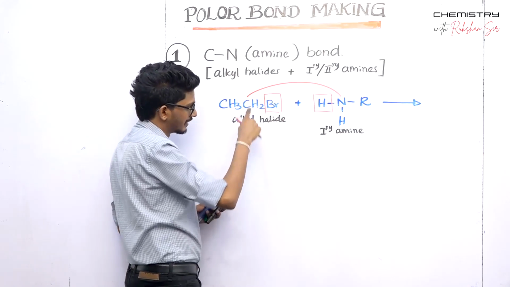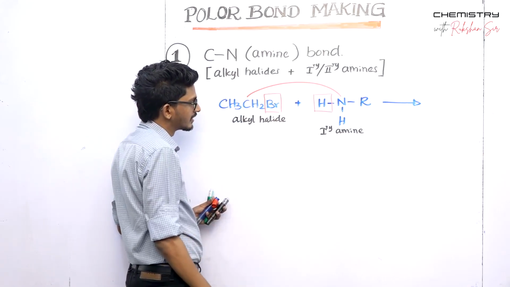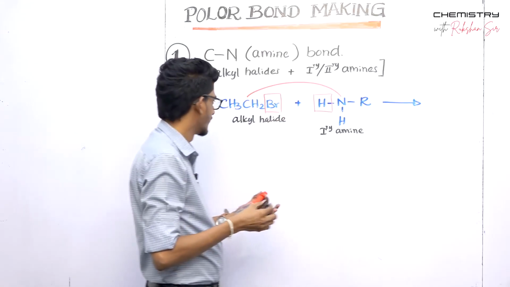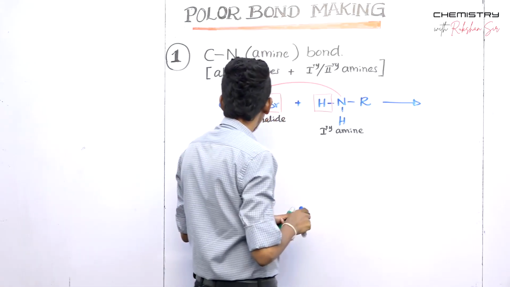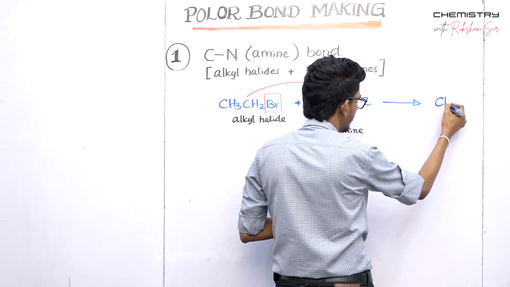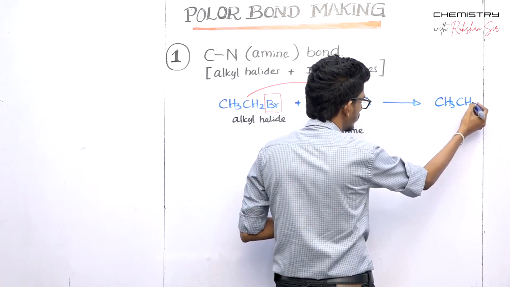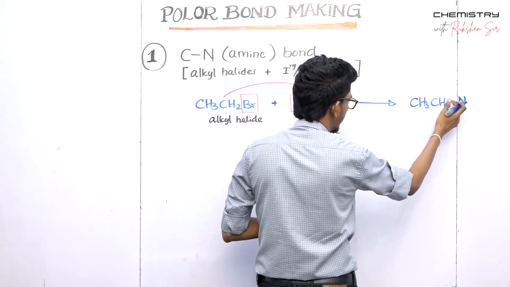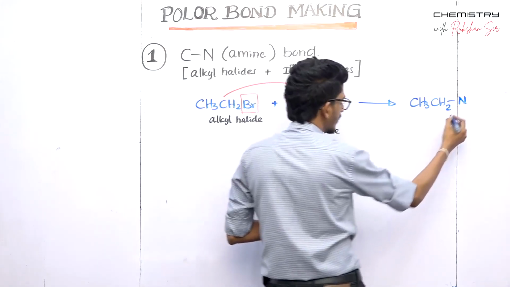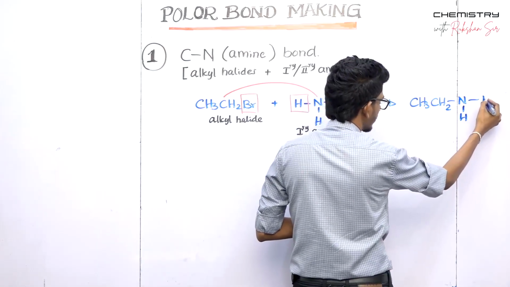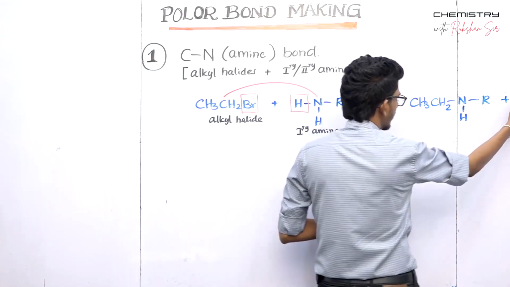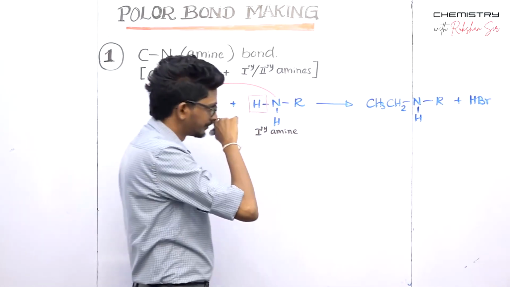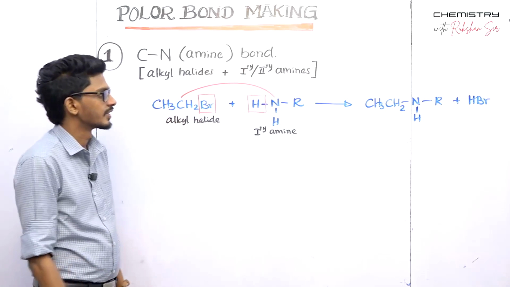Just one bond is there, that bromine will be left. So these two will connect, forming the amine bond. See, CH3, CH2, a bond made between the carbon and nitrogen. One hydrogen is there and the R is there, and the HBr molecule will be left.